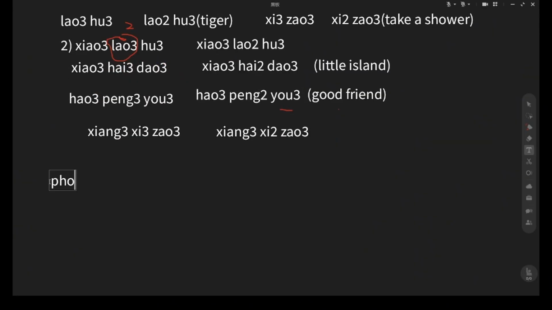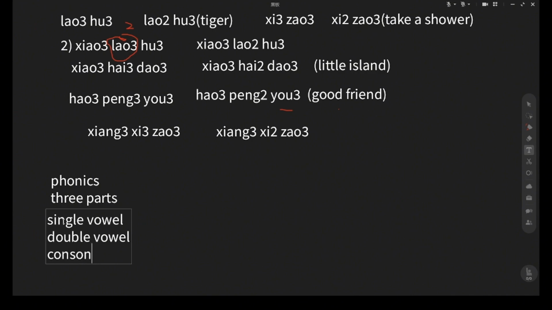We learn single vowels, double vowels and 5 groups of consonants, and we learn front nasal vowels and back nasal vowels, do you remember?